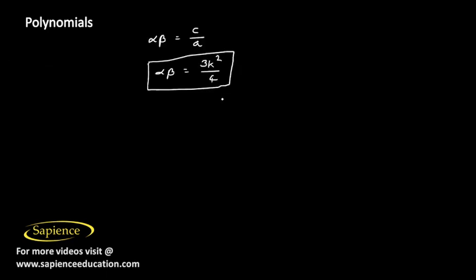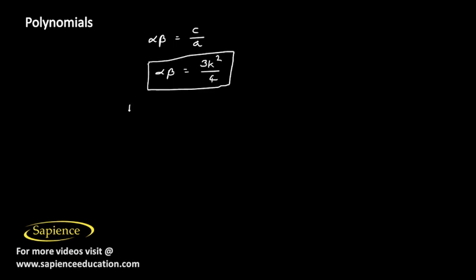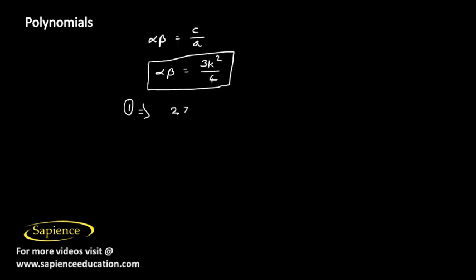Now from equation 1 we can say this is equal to this. So equation 1 gives us alpha plus beta is 27 by 4 is equal to alpha beta, which is 3k square by 4. Now we are getting this equation. Both are having 4 as a denominator, common denominator. We can cancel them.